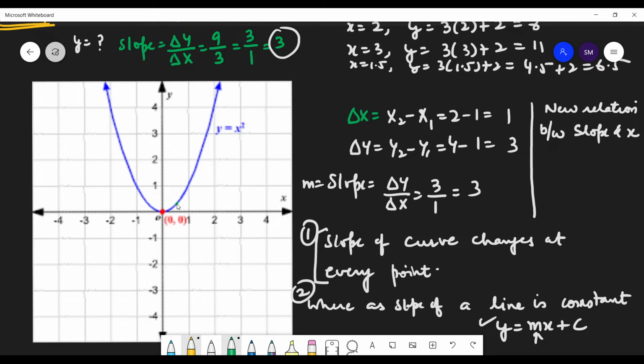So on this particular part, I want to find the slope at this point. So I will draw a line which is touching the curve at only one point. Again, touching this at one point.